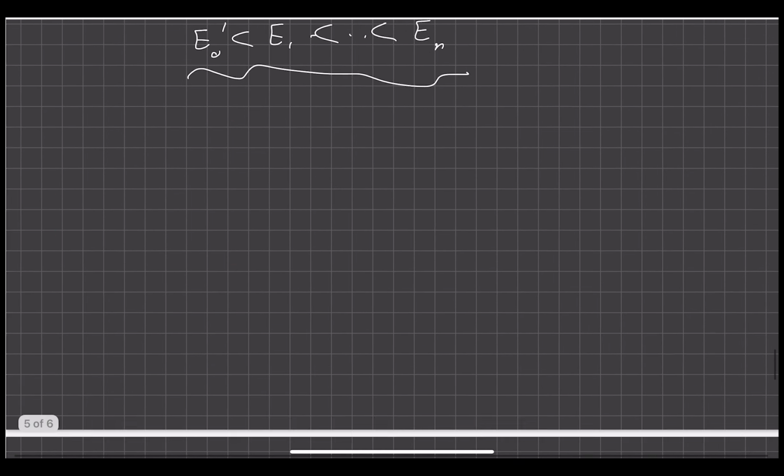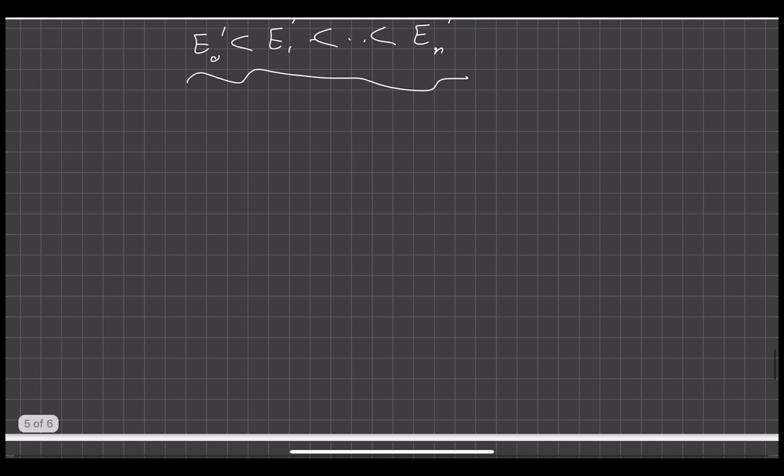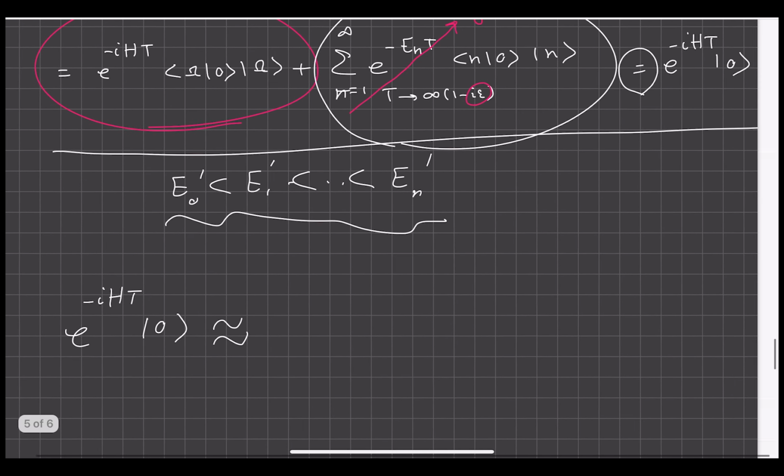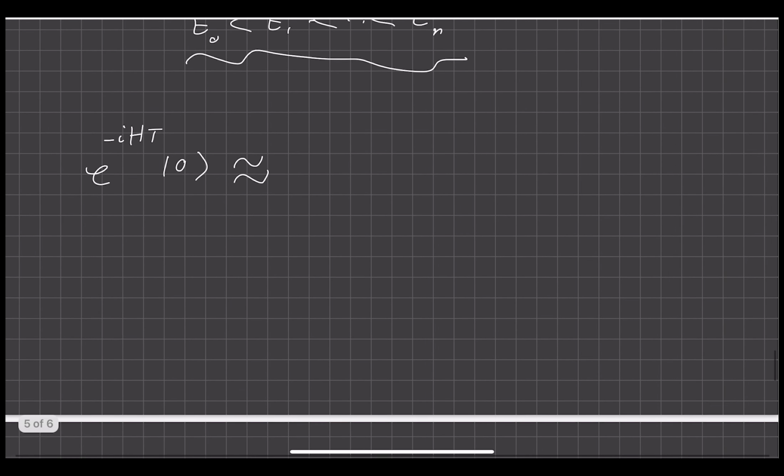So imagine that now this is an equation. I turn this equation into an approximation. So the exponential of minus HT over 0 is approximately, in the limit of t goes to infinity, the exponential of minus H t omega 0 omega.